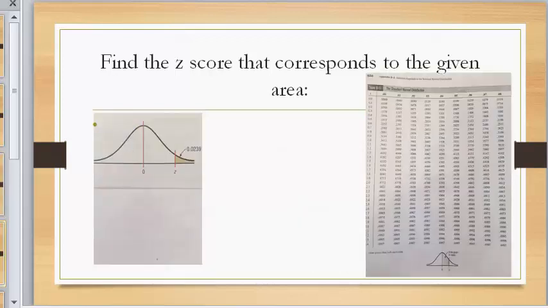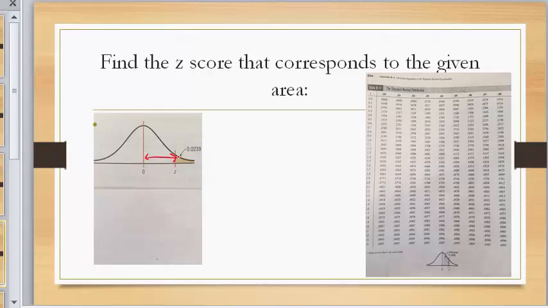All right, let's try one more example. So this example has the area of 0.0239, and it is referring to the part in the right tail of the curve. Now, again, remember that the only way you can use this table is to look up the area from 0 to the z.